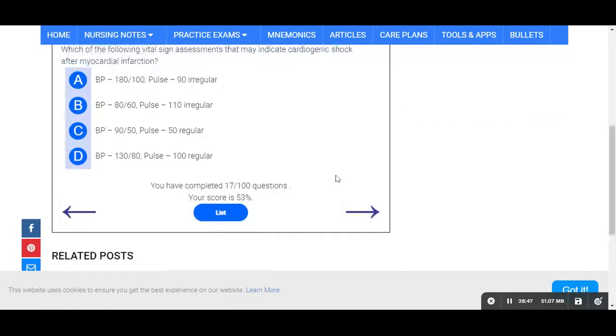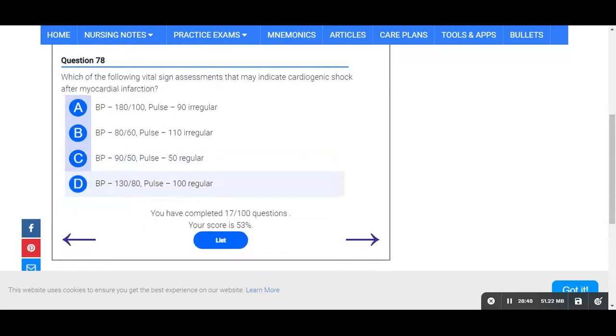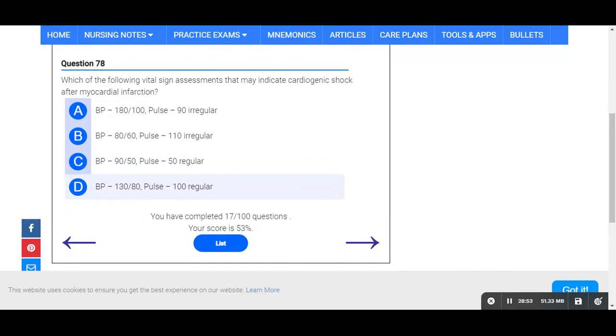Okay. Next one. Which of the following vital sign assessments may indicate cardiogenic shock after myocardial infarction? BP 180 over 100, pulse 90 irregular, BP 80 over 60, pulse 110 irregular.